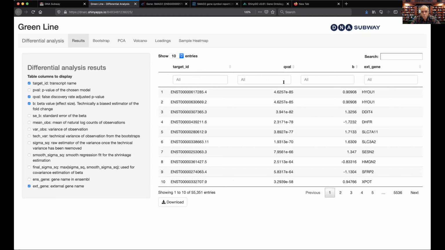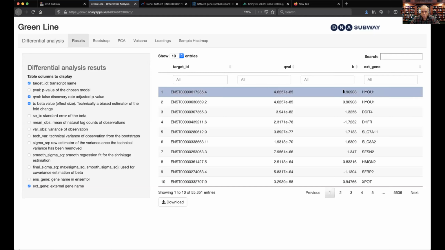And what is the observation? Actually, before I explain the Q value, I should explain the B value. So the B value, the beta value, is an idea of trying to explain to you what is the fold change difference between the samples. In our case, if it's asking the question about, let's say, this first gene that happens to be there, HYOU1, what is the fold change between a Zika infected cell and a control mock cell?